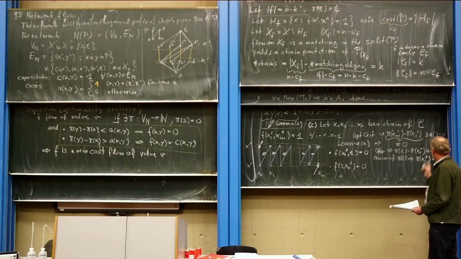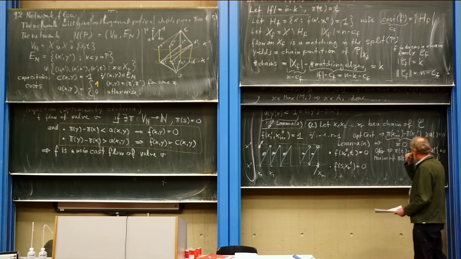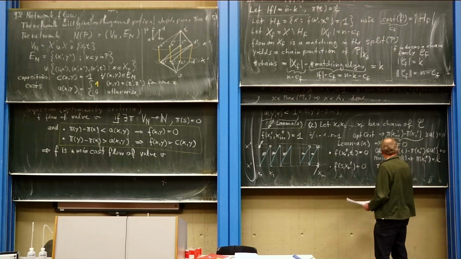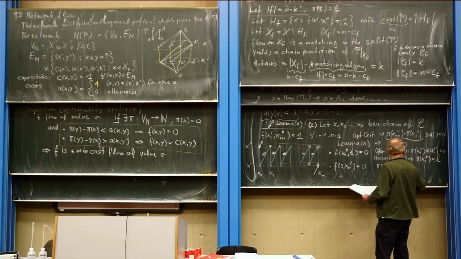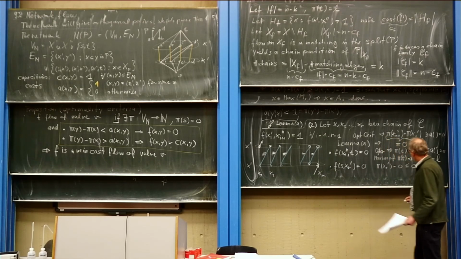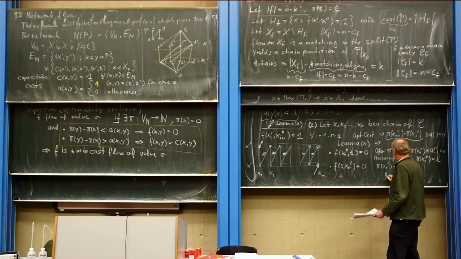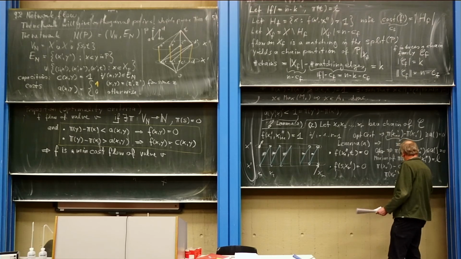And again, the optimality criteria tell us that pi of xr prime minus 0 is less equal 0, but non-negativity tells us that pi of xr prime is equal to 0.